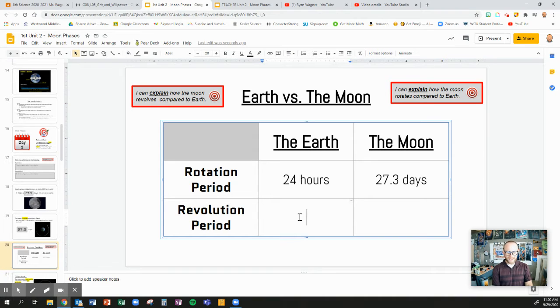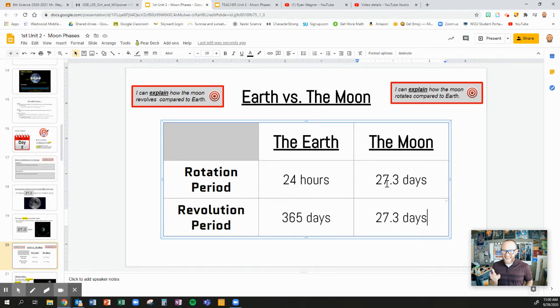How long is 1 year? 365 days. Well, the moon takes a lot less time, 27.3 days. Well, why does it take a lot less time? Because the orbit path is a lot shorter. Okay? All right. So the rotation and the revolution are the same for the moon.